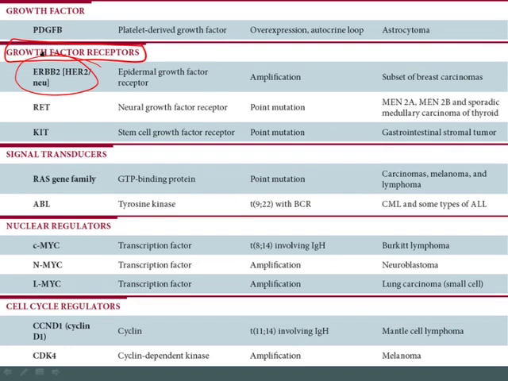You'll remember from pharmacology that there is a designer antibody called trastuzumab, the other name is Herceptin, which is designed against the HER2/neu receptor. And so patients who have overexpression of HER2/neu, i.e. amplification of HER2/neu, in a subset of breast cancer, can be treated with trastuzumab.